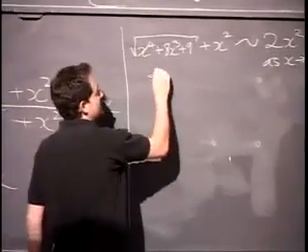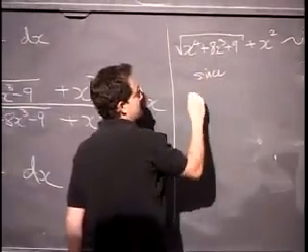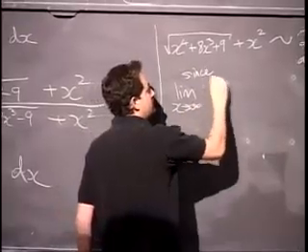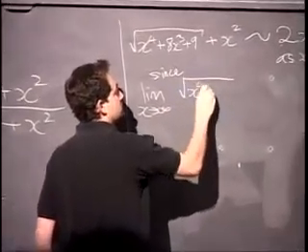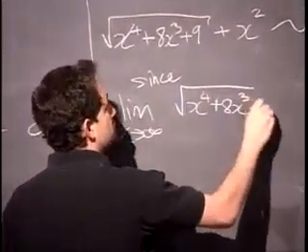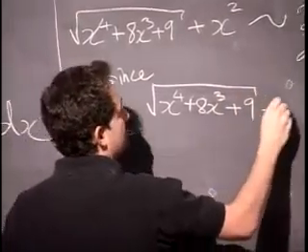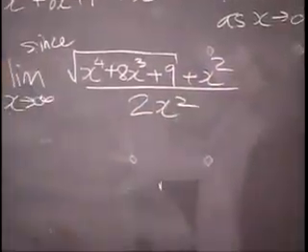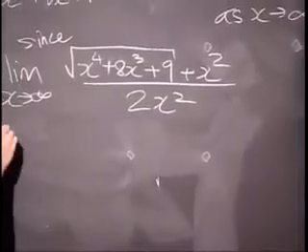I take the limit as x goes to infinity of the square root plus x squared, and I divide by 2x squared. In order to deal with this, I have two separate pieces.